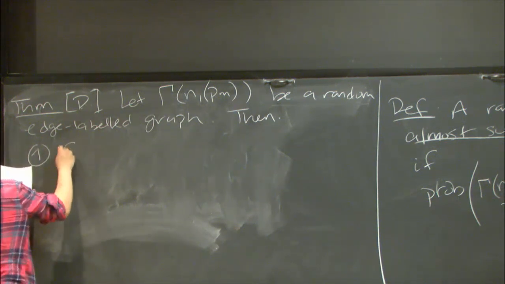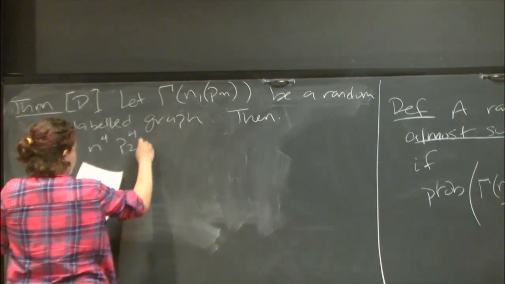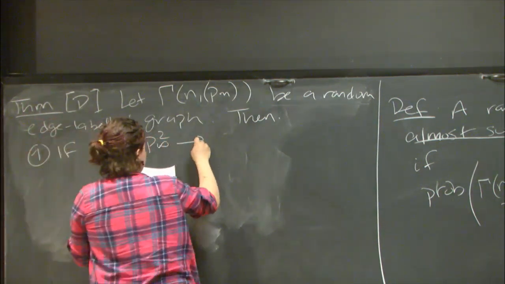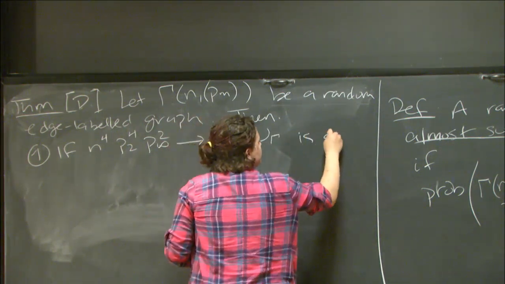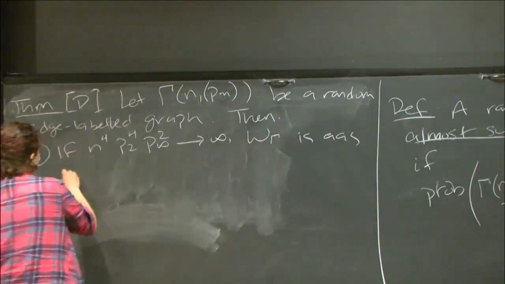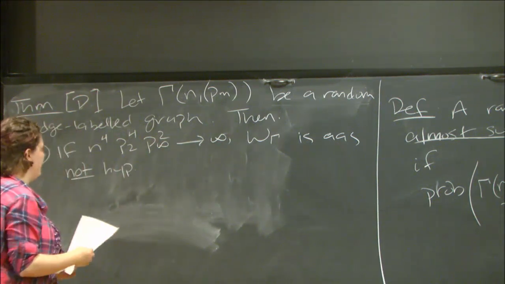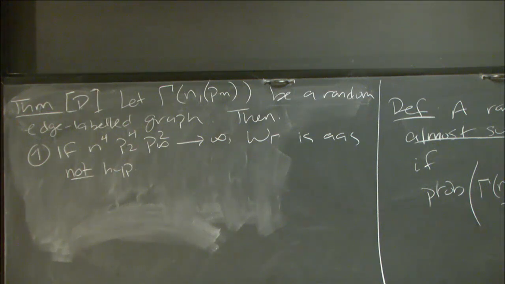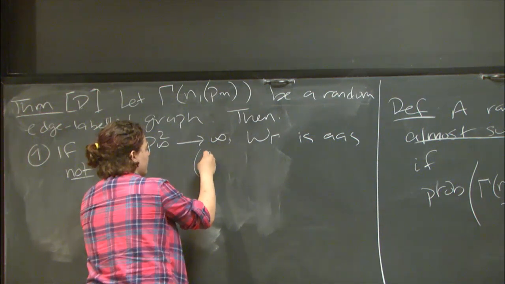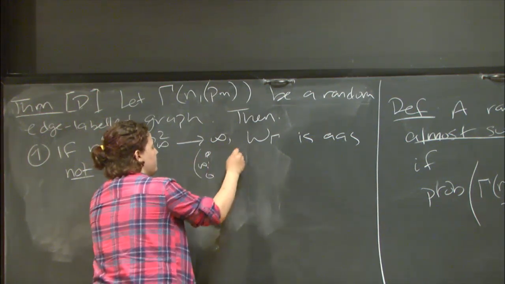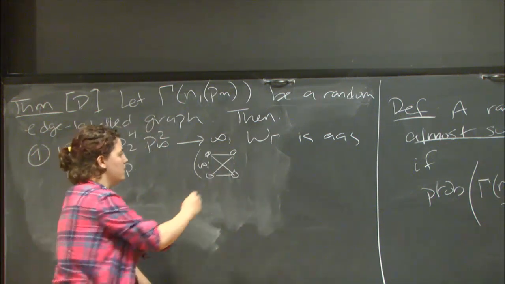So first of all, if n to the fourth p2 to the fourth p infinity squared goes to infinity, W gamma is asymptotically almost surely not hyperbolic. And that's basically, I'm not really going to give any proofs here, but that's basically because you get two infinity labeled edges that commute.